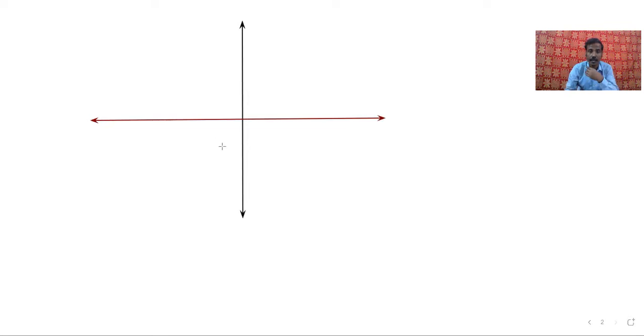At the origin, s equals 0, and another pole also s equals 0, and s equals minus 1. This is the left hand side and this is the right hand side.